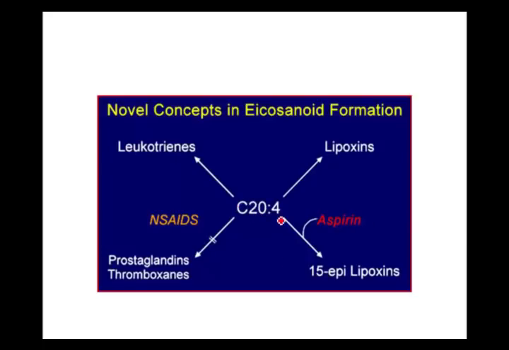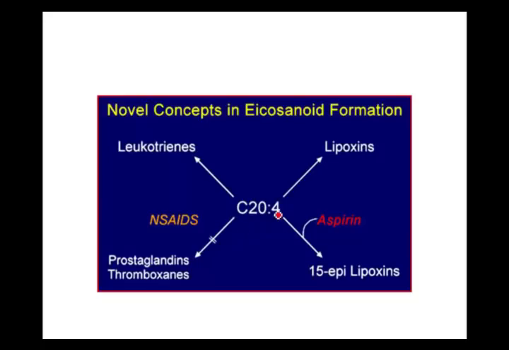So C24, these are your PUFAs, your polyunsaturated fatty acids. Okay? And they can be converted into leukotrienes, they can be converted into lipoxins, and they can be converted into prostaglandins and thromboxanes. Now, if you give an NSAID, ibuprofen, ketoprofen, some of these others, they inhibit the production of prostaglandins and thromboxanes from these polyunsaturated fatty acids.